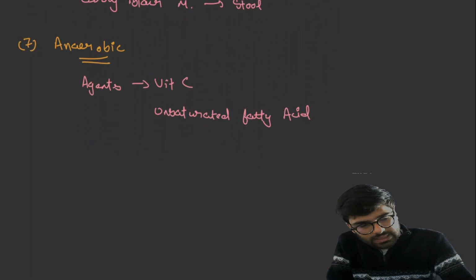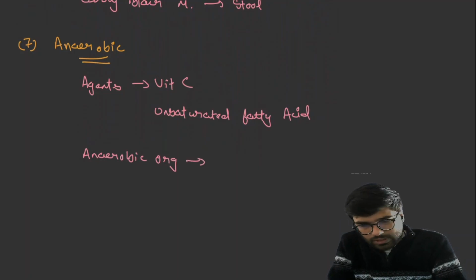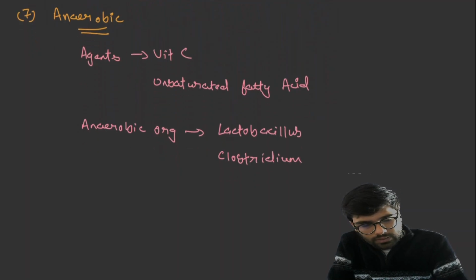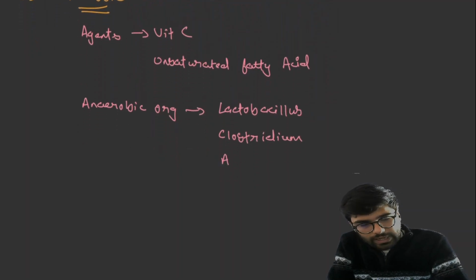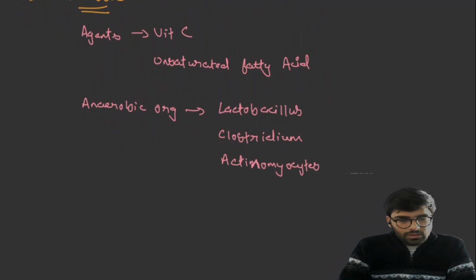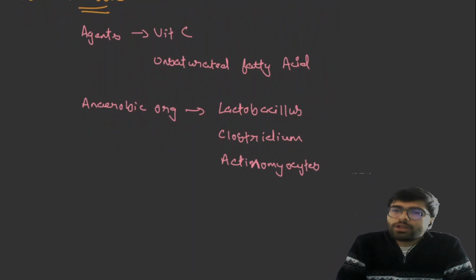So let us quickly see anaerobic organisms. They are Lactobacillus, then we have Clostridium, then we have Actinomycetes. Okay, so these are the anaerobic organisms.